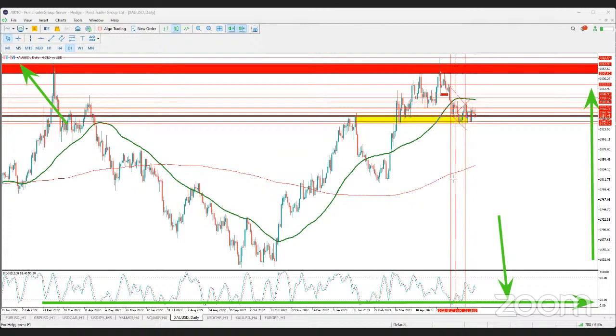Because we know that the components of any currency pair are two things: base currency and counter currency or quote currency.